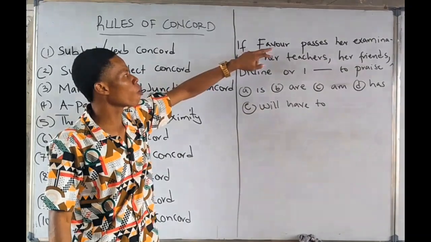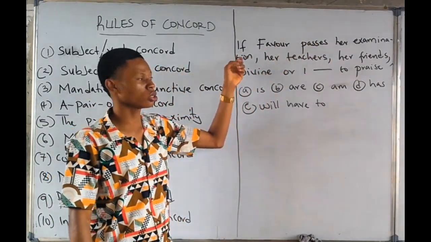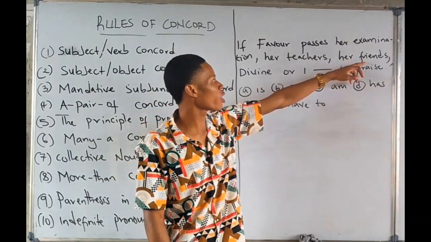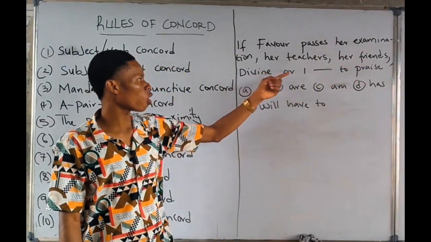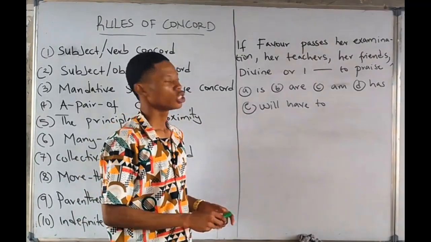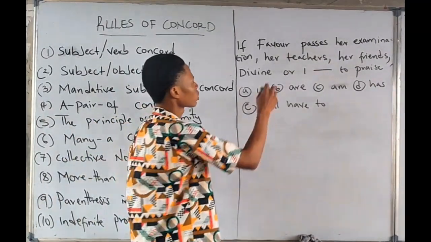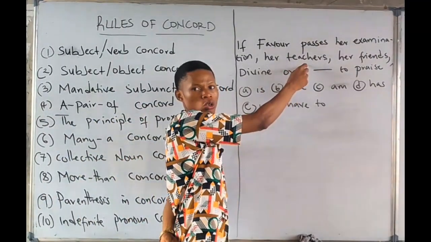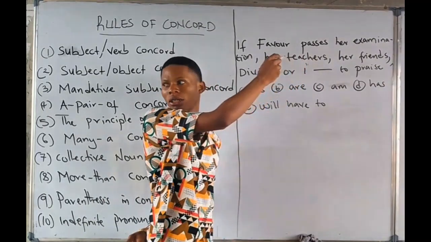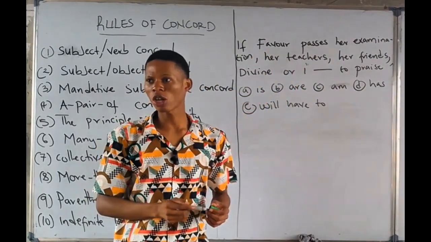If Favor passes her examination, her teachers, her friends, Divine or I dash to praise. Now if you look at this, the subjects we have, her teachers, is it singular or plural?